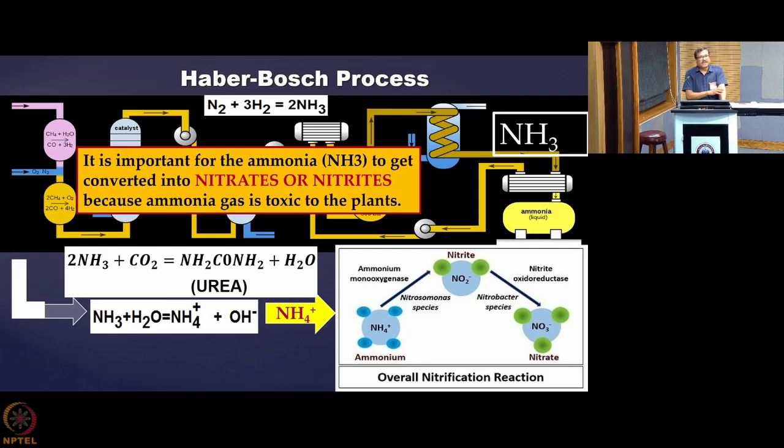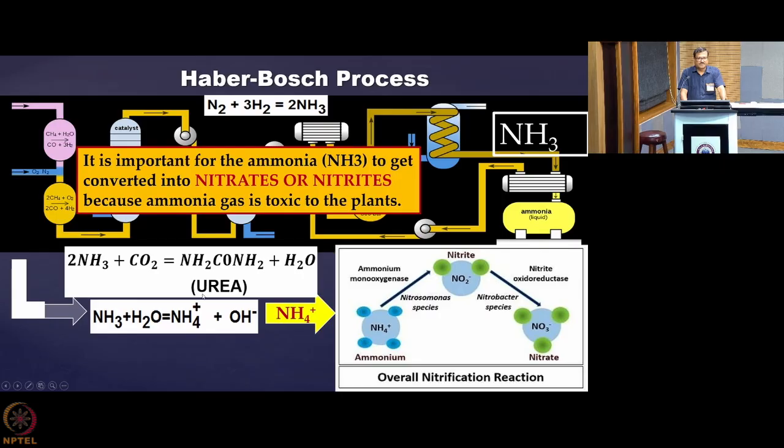Now, urea is produced using the Haber-Bosch process. The process is N2 plus 3H2 gives 2NH3. This is the basic process, and this NH3 then interacts with CO2 and forms the urea.